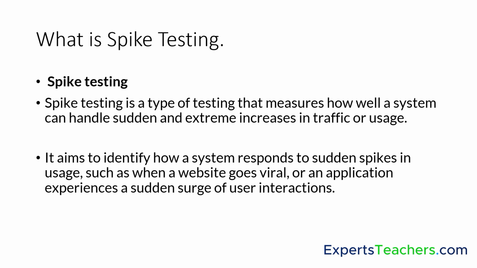It aims to identify how a system responds to sudden spikes in usage, such as when a website goes viral or an application experiences a sudden surge of user interaction. So this is about how the server responds. This is a real life scenario.